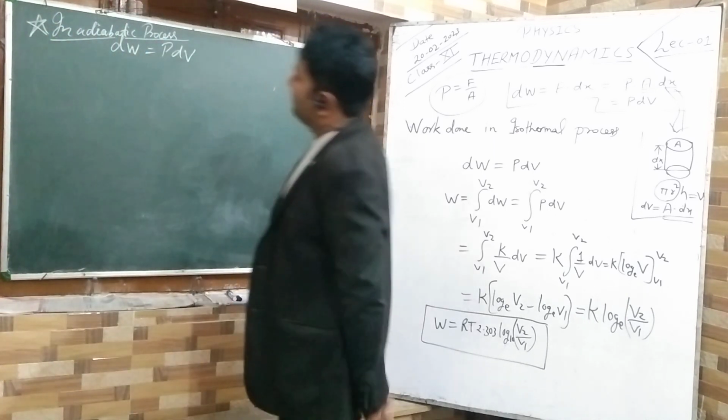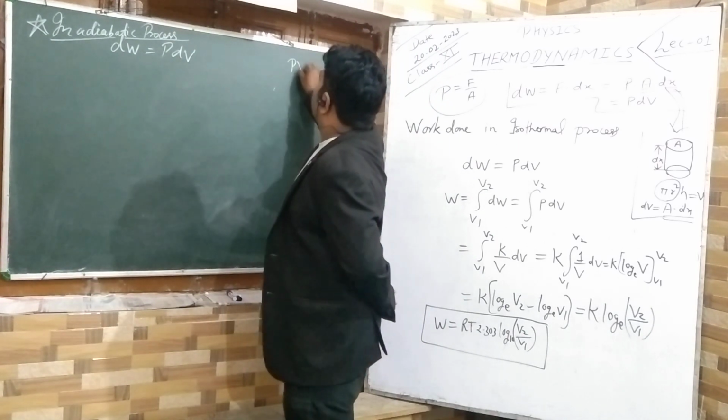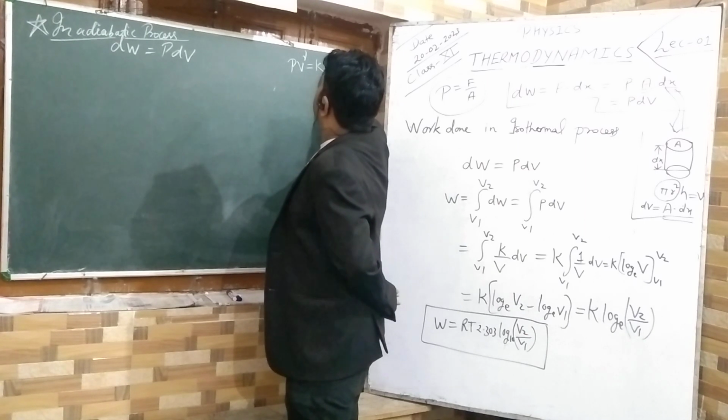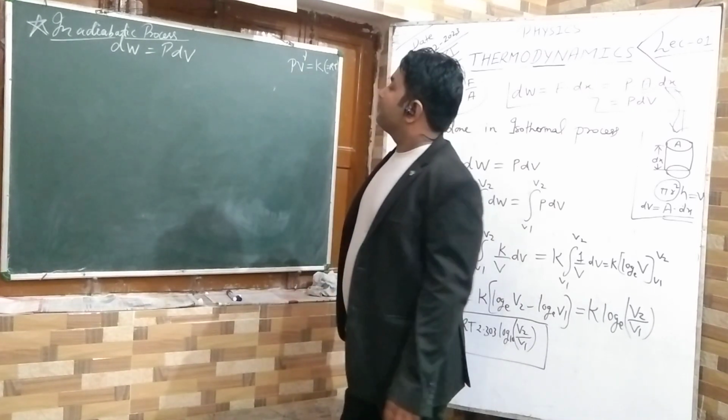How to calculate the work done in adiabatic process? We know PV power gamma is equal to constant K, or you can say RT. K or RT, no matter, you can use any one.